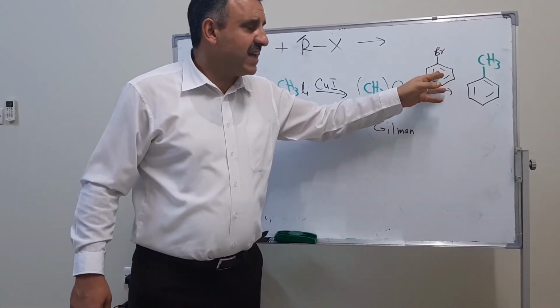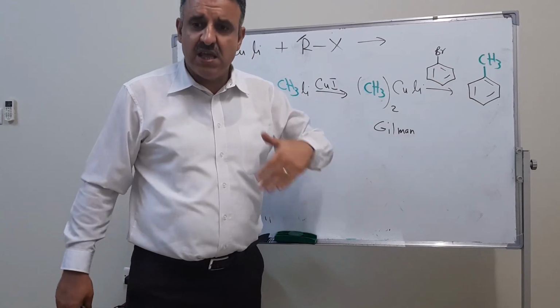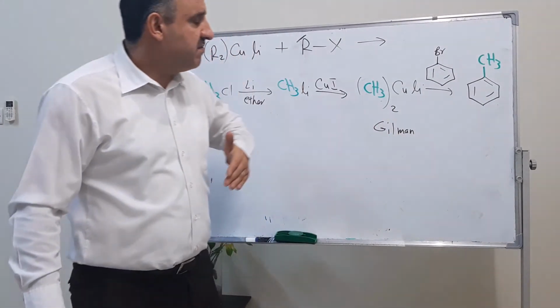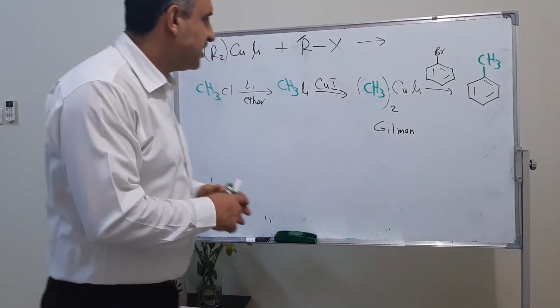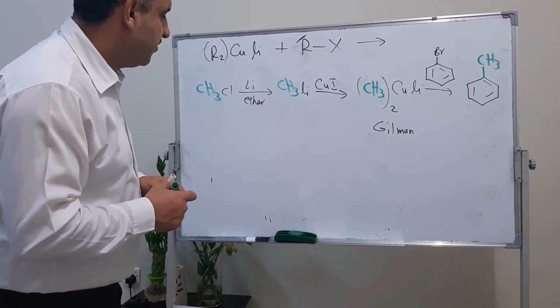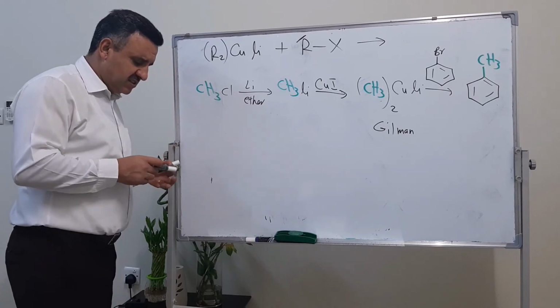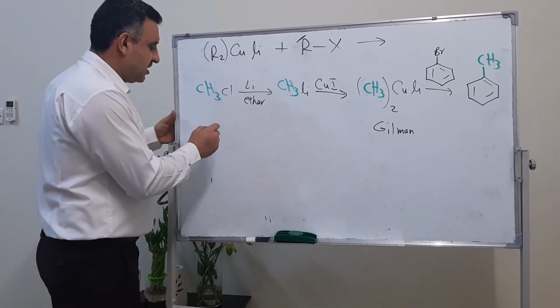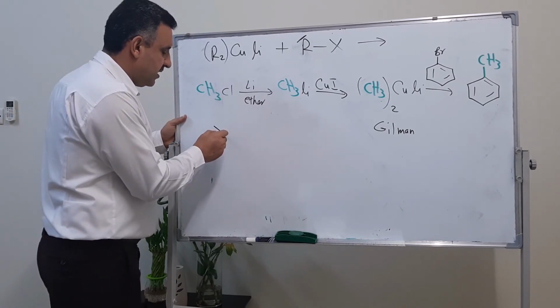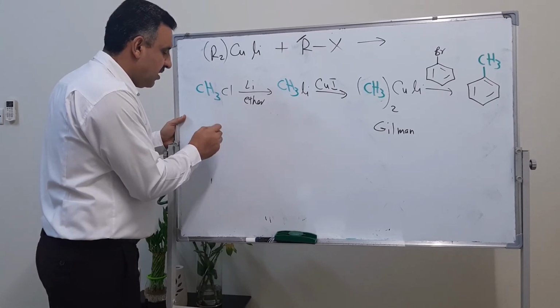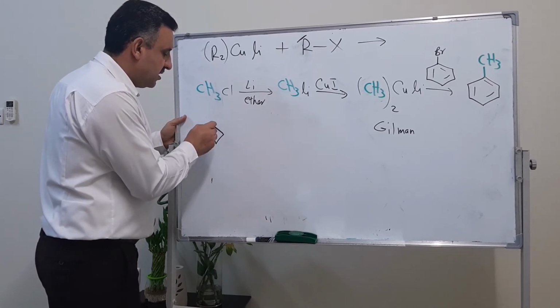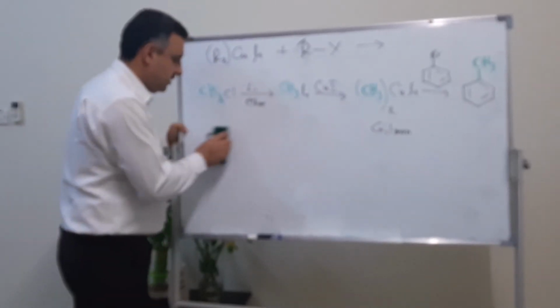As you can see here, this is an aryl halide. Aryl halides work nicely, alkyl halides work nicely, vinyl halides work nicely. That's actually the point of this reaction. For example, let me show how you could prepare a compound here.